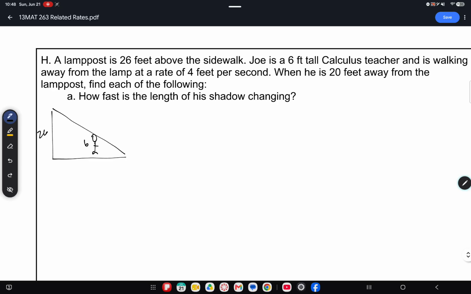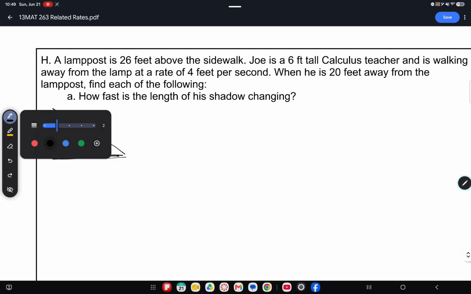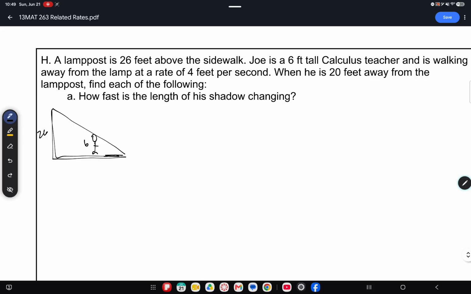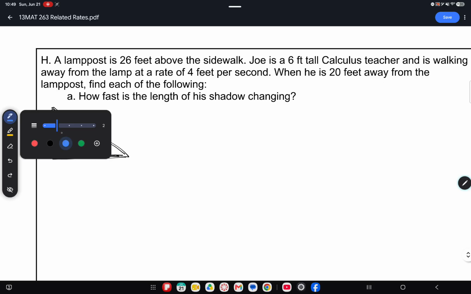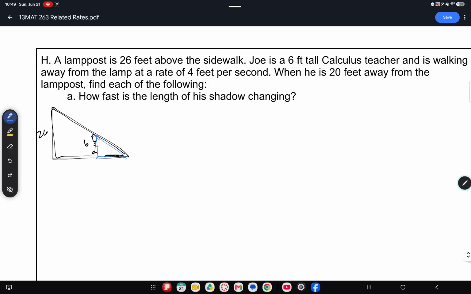And if I think shadow, his shadow is going to be here. So I have 2 triangles, right? I've got this one triangle, but then I also have this triangle here, okay? So I have some distance here. Well, we can call that X. And I have some distance here. I'm going to call that Y.